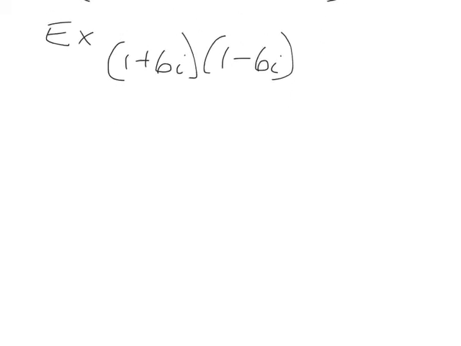And we can use FOIL on this. So I've got 1 times 1, 1 times negative 6i, 6i times 1 there in the middle on the inside. And then for the last, I've got 6i times negative 6i, negative 36i squared. Now watch what happens when I go to simplify this.